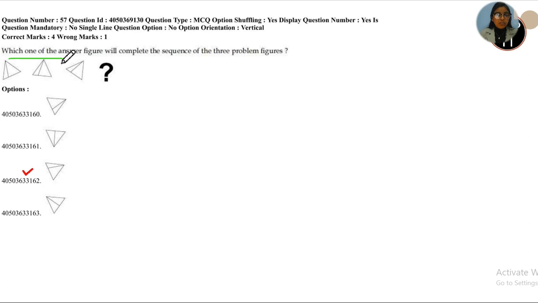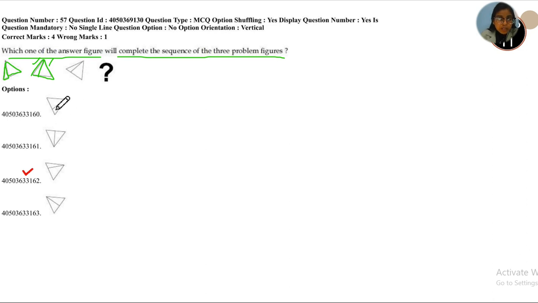Next, which one of the answer figures will complete the sequence of the three problem figures? Now see, this is your smaller part, this is your bigger part. And here the sequence is the same, smaller, bigger, but it only got rotated. Again you have the same thing, on the left side you have the smaller part, and on the right side you have your larger part.